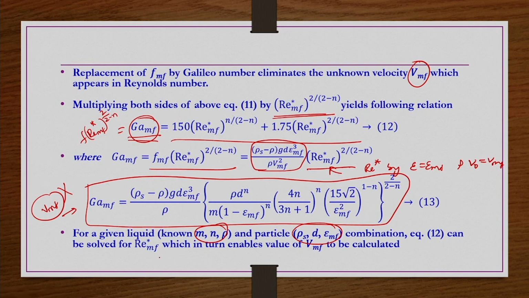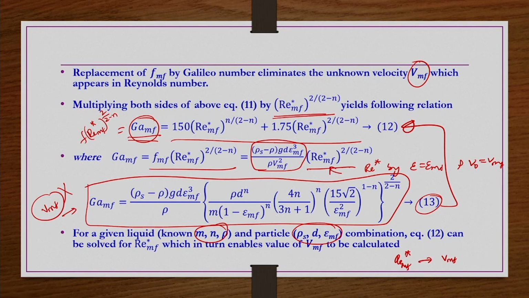Re mf star you cannot obtain directly, so you first obtain the Galileo number from equation 13, because you only need epsilon mf, particle properties and fluid properties. Then you substitute this Galileo number in equation number 12 and find Re mf star. Once Re mf star is known, you can get Vmf.